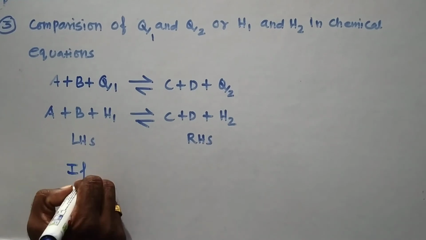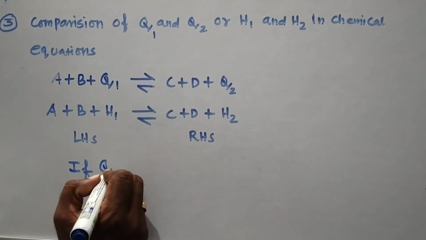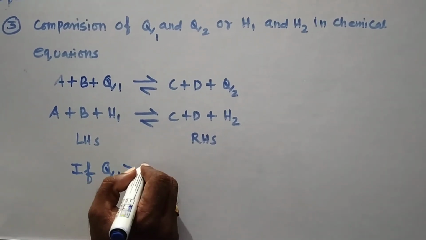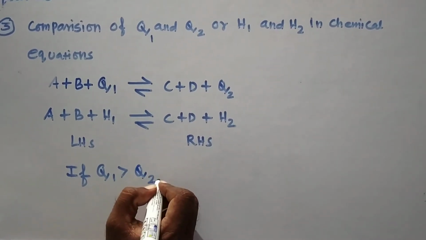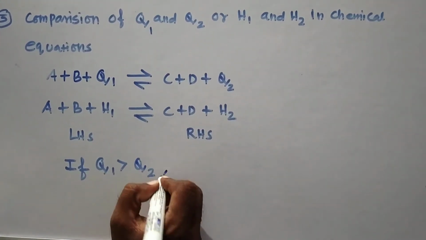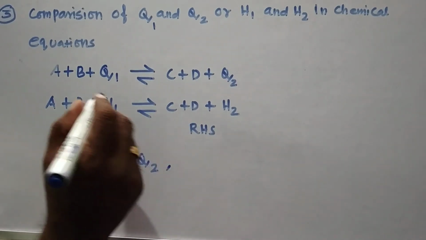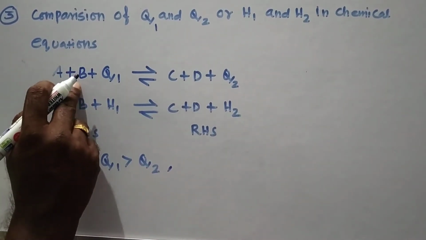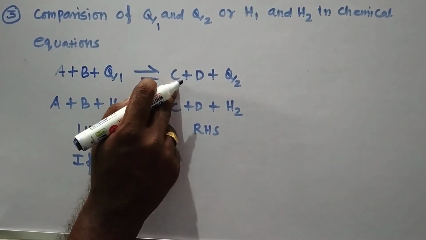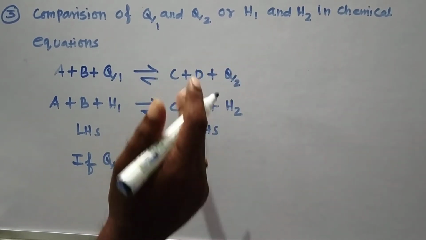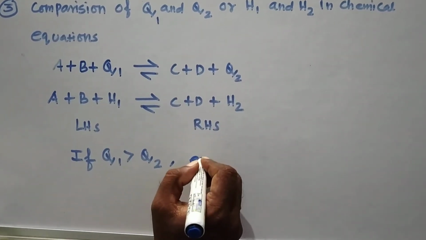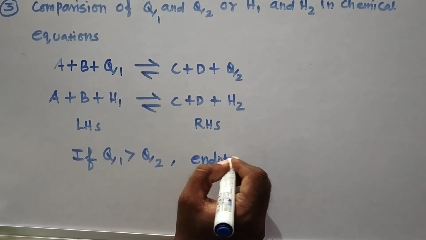If Q1 is greater than Q2, then the heat absorbed by the reactants is greater than the heat liberated by the product. Therefore, it should be endothermic in nature.